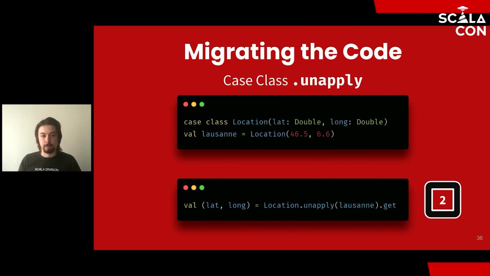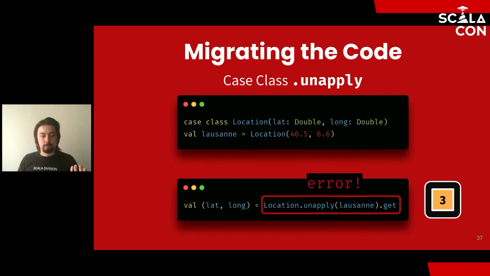So 46.5 degrees, 6.6 degrees. And we want to turn that location into a tuple. In Scala 2, what you could do is call the unapply method on the companion object of Location and pass Lausanne, and then you get a Some of a pair of two doubles. And then you can call get, which then unwraps it into a tuple. And here we are extracting it into latitude and longitude.